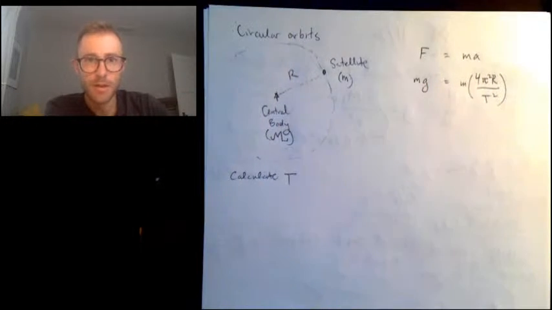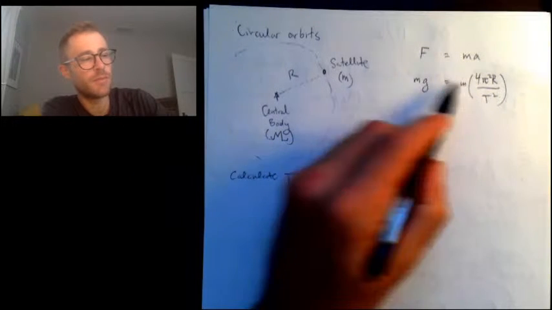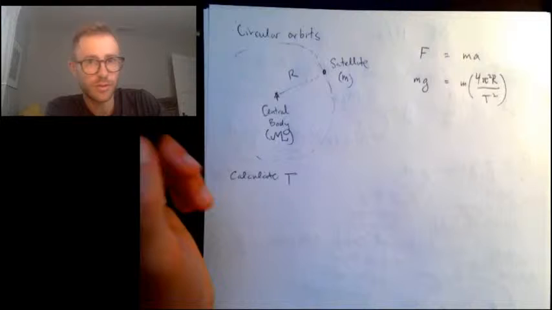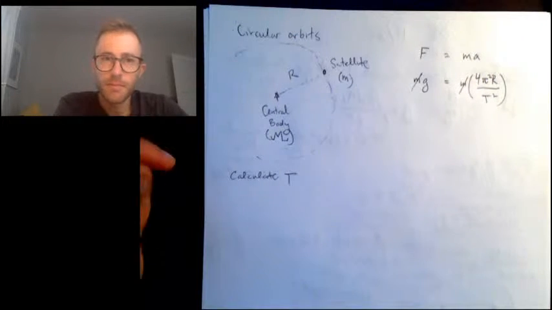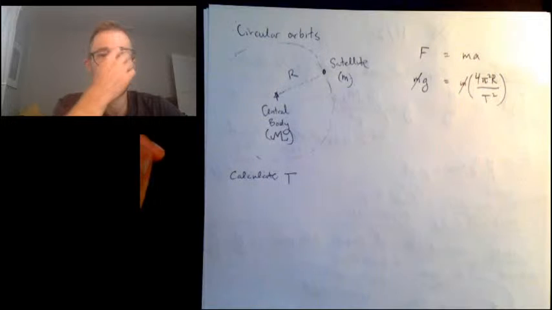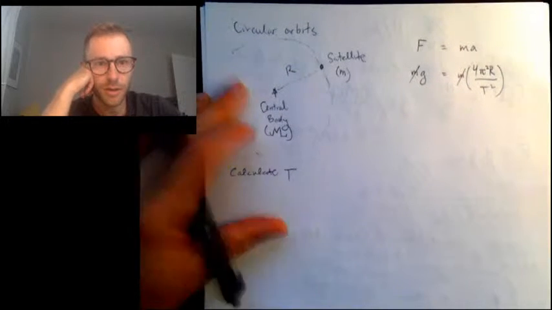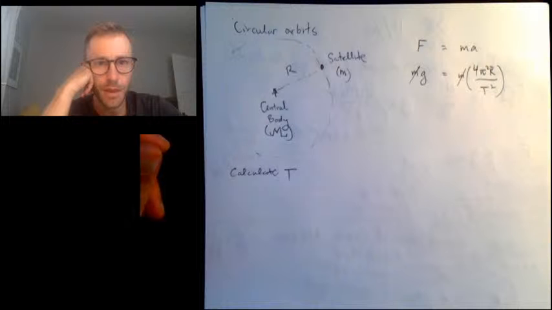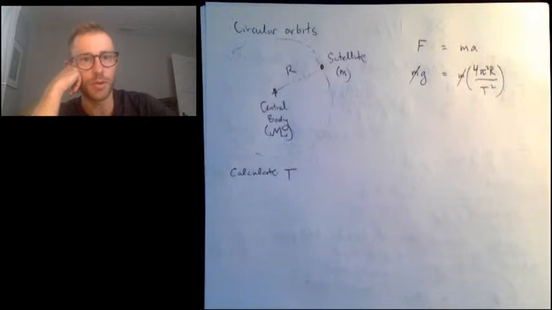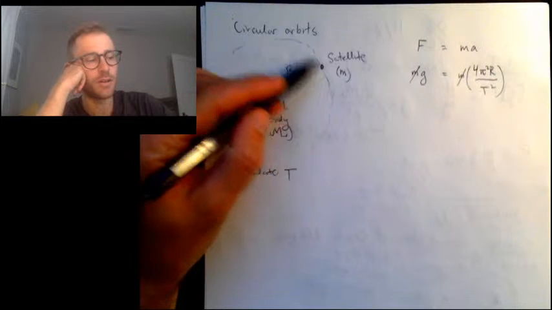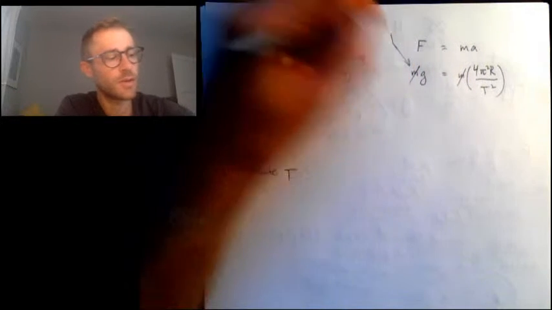The force is the gravitational force, which is little m g. One thing we immediately notice is that little m is on both sides of the equation, which means that it cancels out. What that means is that the period of an orbit does not depend on the mass of the satellite. That's important enough that I'm going to write it down.